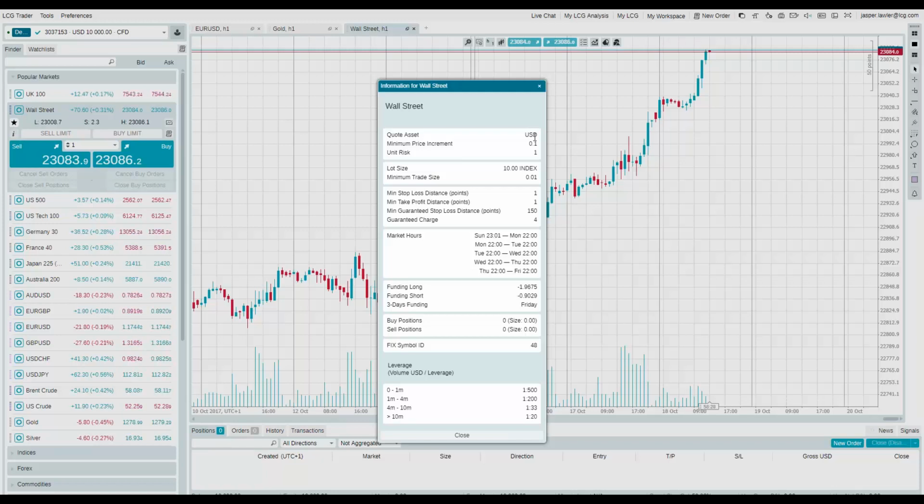If your account is in euros or pounds, then you just have to make the calculation for yourself. I'm buying a contract that's worth maybe $230,000. You just use the spot rate for euro dollar to get that into your euro currency, to know the size of the trade that you're placing.